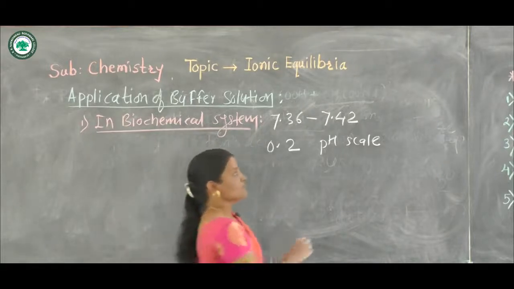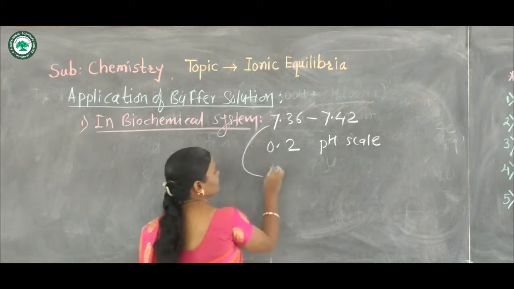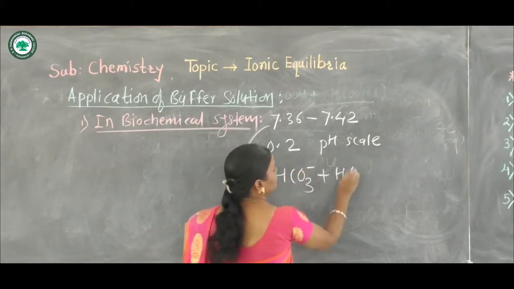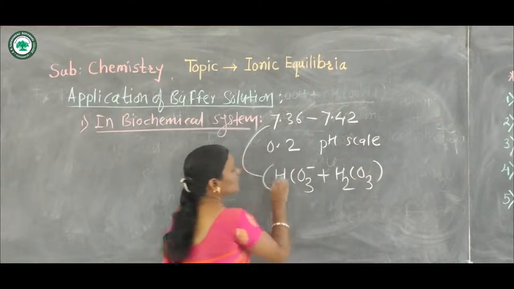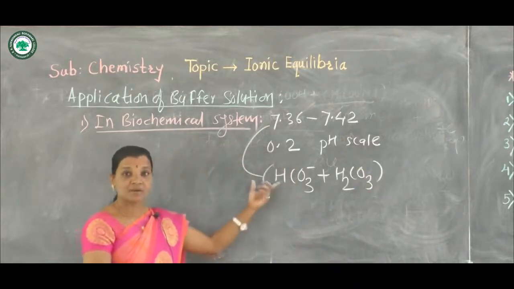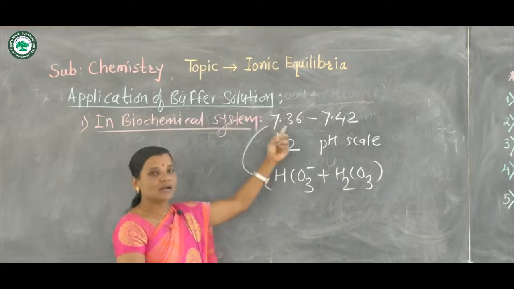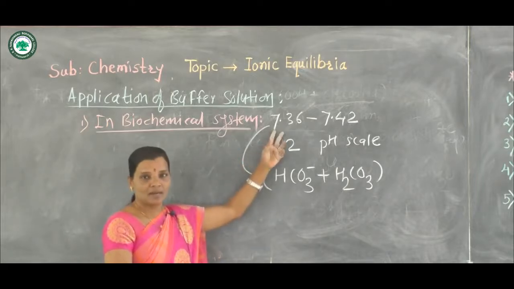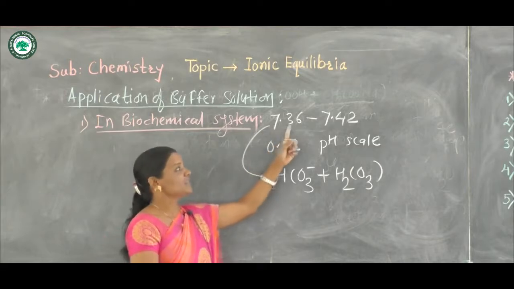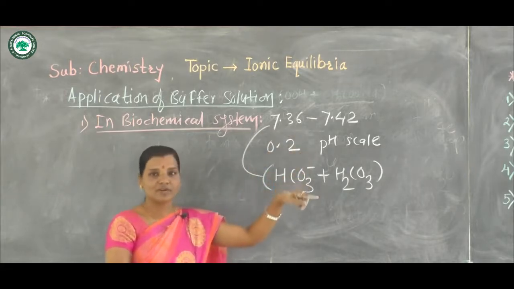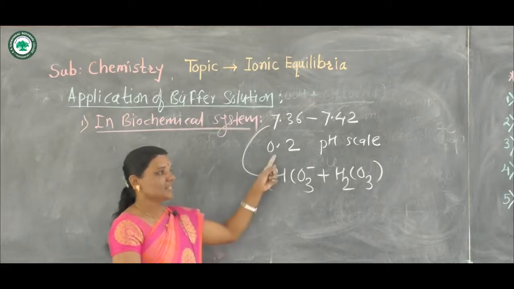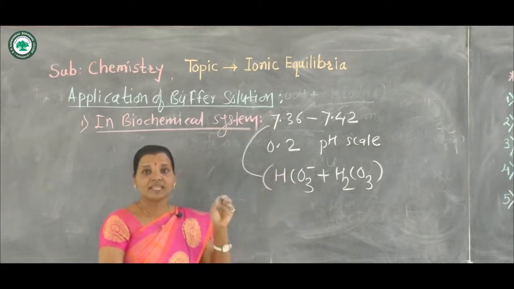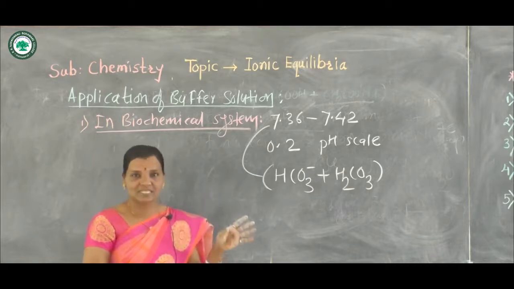Which buffer? Bicarbonate ion and carbonic acid. This buffer is present in blood that helps to keep the pH of that blood constant, varying only between 7.36 to 7.42, and even if there is a slight change of 0.2 on pH scale, then that causes death of the person.